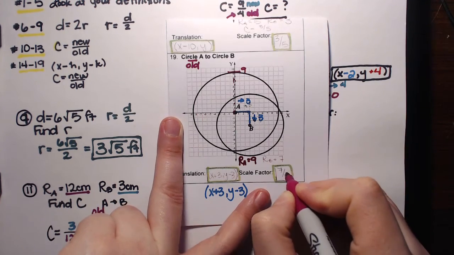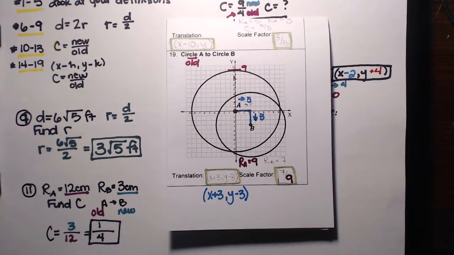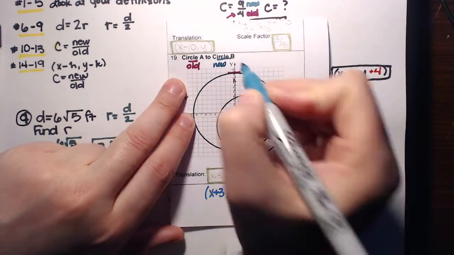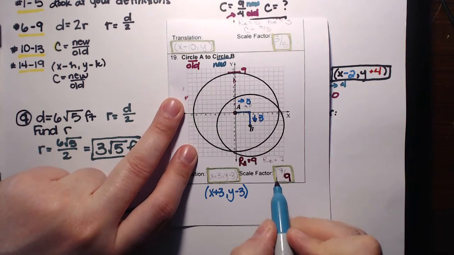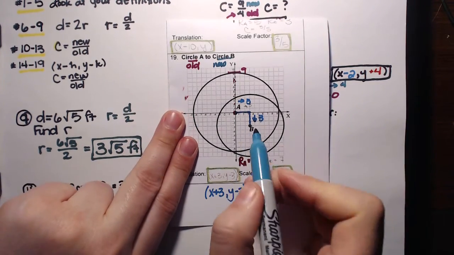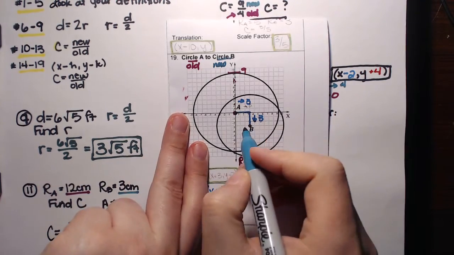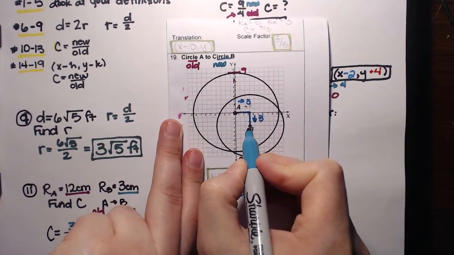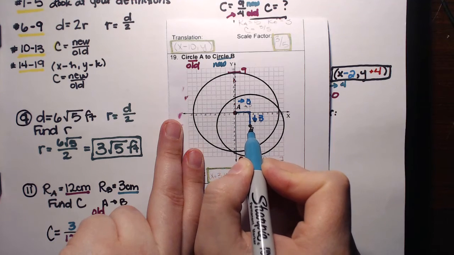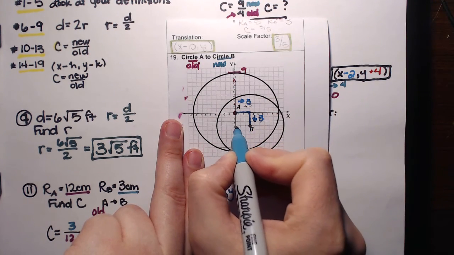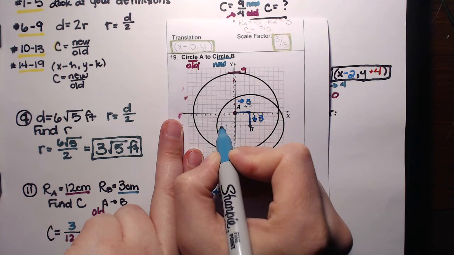And that's what goes in the denominator, is your old one. And then the new one, that's what's going to go in the numerator. So again, I'm going to count along lines. It doesn't really matter which one you go to. I'm going to go to this one though. So 1, 2, 3, 4, 5, 6, 7.